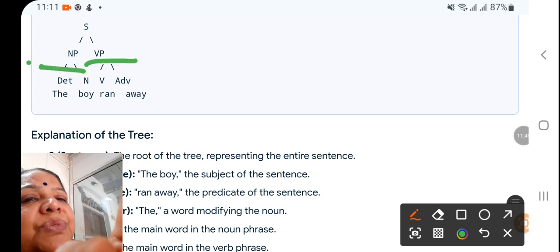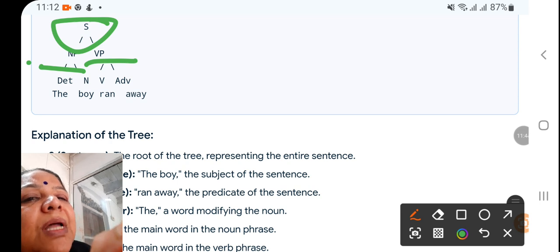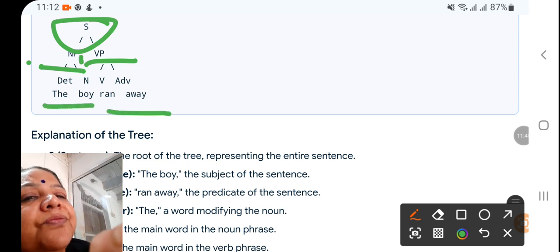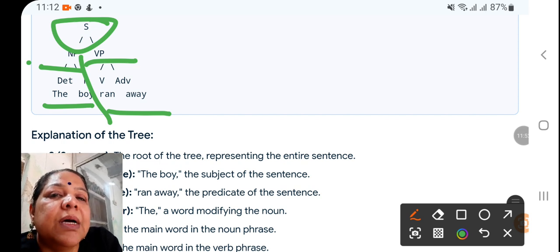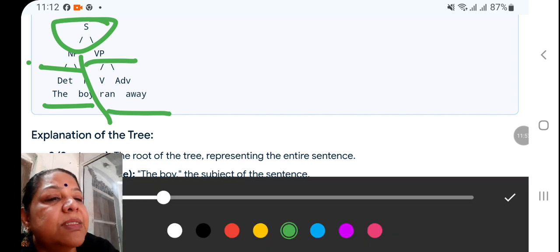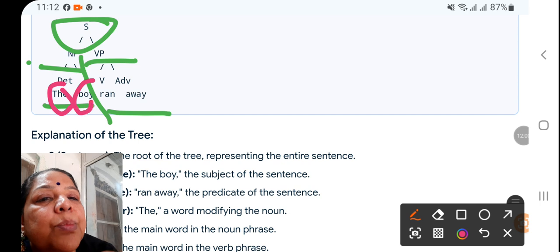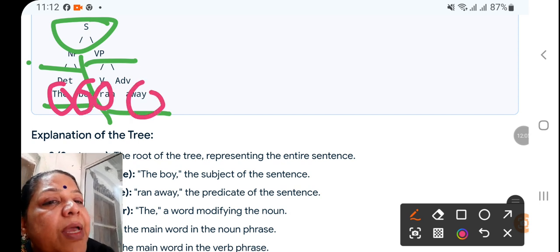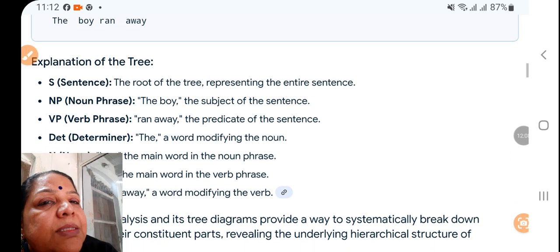So the sentence is divided into noun phrase and verb phrase. What is the noun phrase? This is the boy, and ran away is the verb phrase. The is a determiner, and boy is a noun. Then ran is a verb and away is an adverb. So this way the analysis is done.